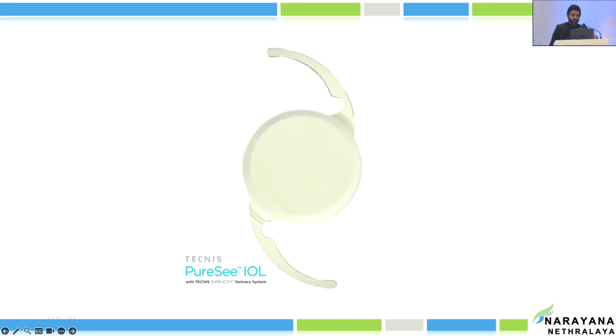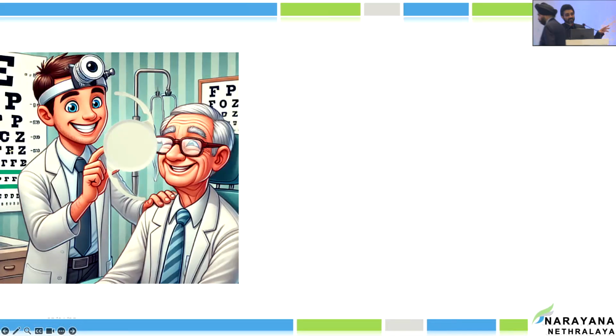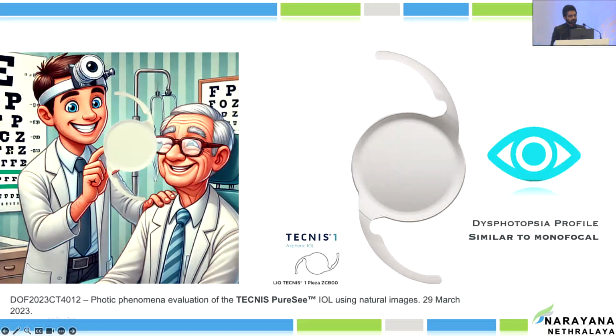Now, if you are one of the people who haven't started presbyopic IOLs and want to start something, then POC is the lens for it, because the workup for this lens is just like a normal workup with a monofocal. It behaves like that. And the dysphotopsia profile is also very similar to a monofocal.